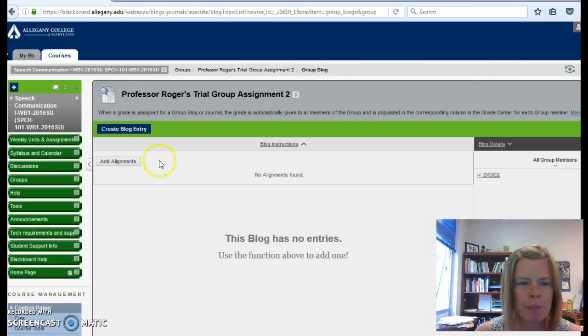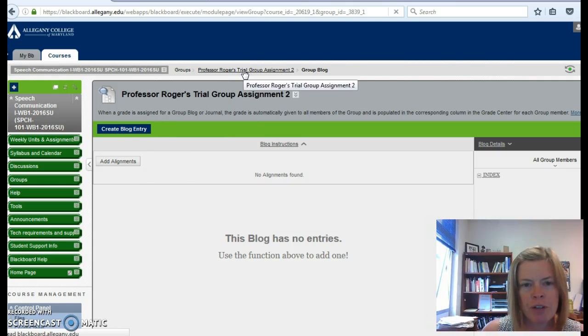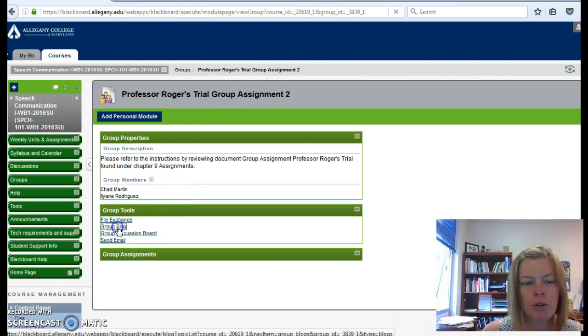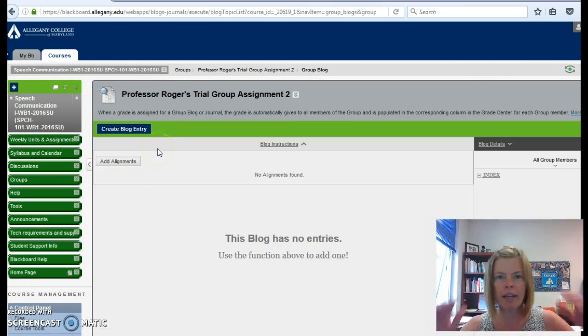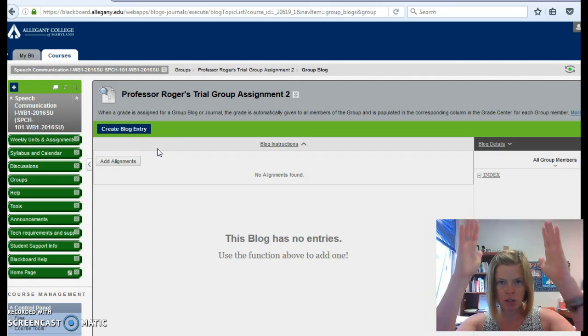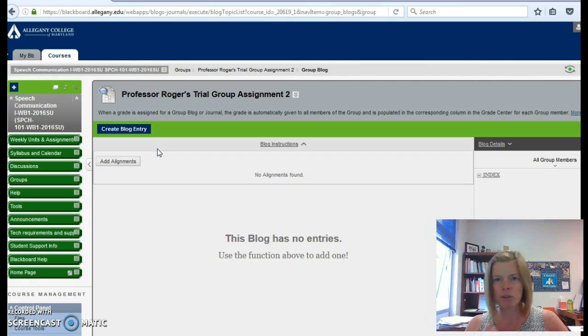You might choose to use the blog, which is also under your group part, Professor Rogers trial assignment 2. You could go to group blog. The nice thing about the group blog is everyone's responses just show up underneath each other. There's no clicking. So the blog might be a really good place. Just make sure you indicate, here is our final entry with our discussion.